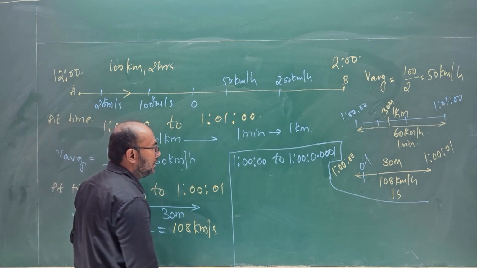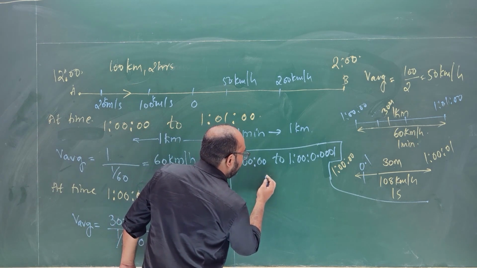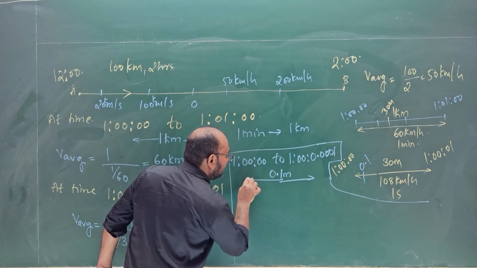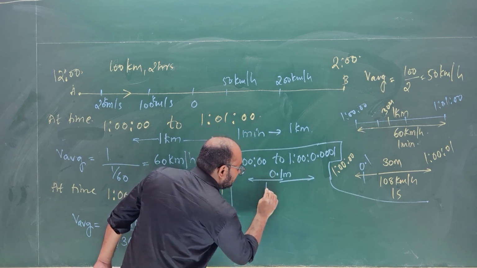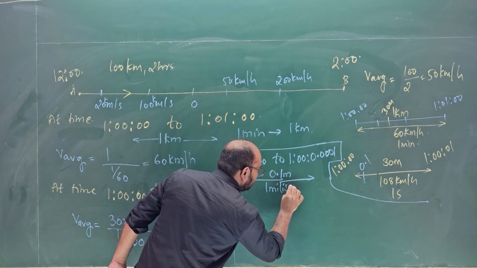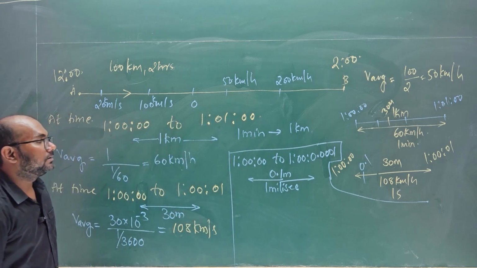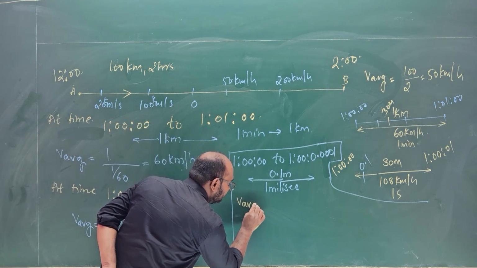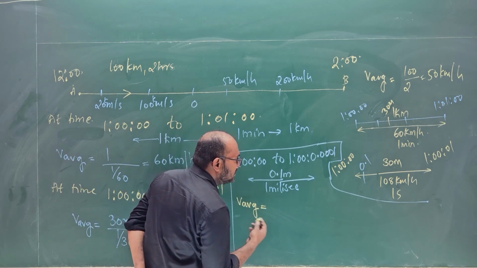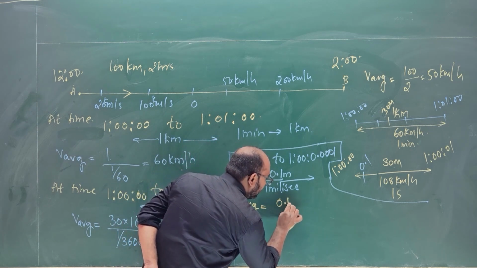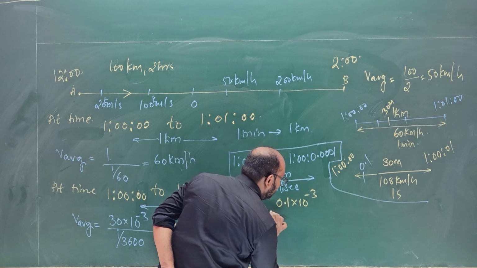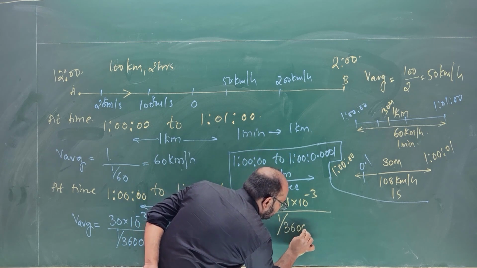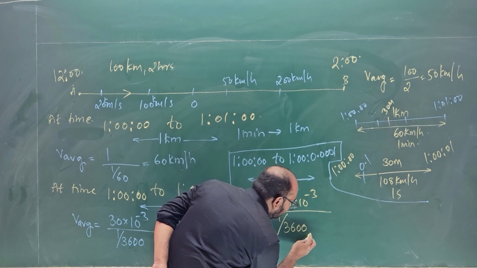Now, let us say we considered 0.1 meter. So 0.1 meter has been traveled in how much time? 1 millisecond. Okay, now we will find the average speed. V average can be written as the distance traveled by the body, 0.1 into 10 to the power of minus 3, upon the time. A millisecond means 1 upon 3600 seconds in 1 hour, and in each second 1000 milliseconds are there.